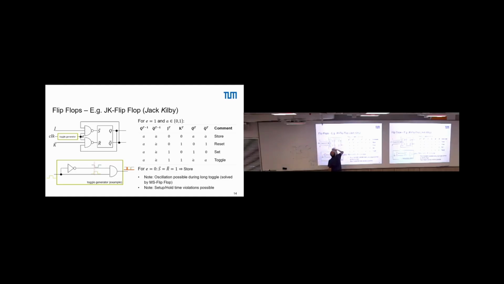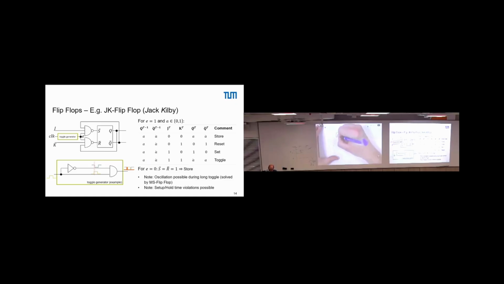Namely, something called JK master-slave flip-flop. I have not got this on the slides, but I will quickly show you the idea on this visualizer. So probably we keep the slide for a moment, and I draw first some RS latch.